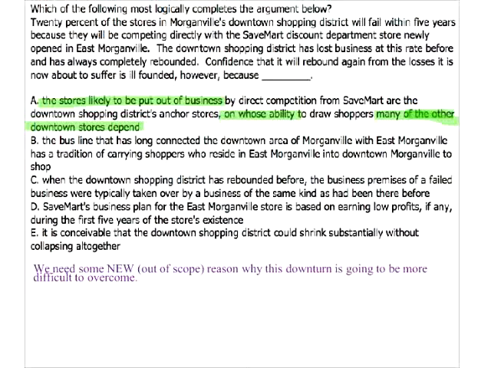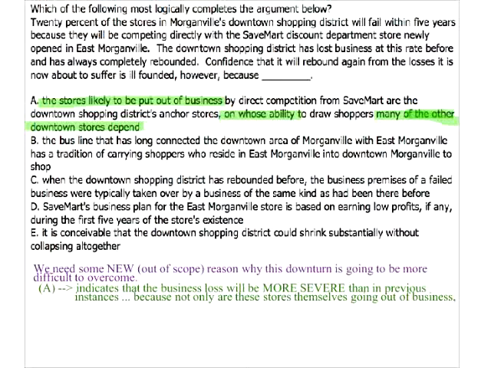So according to A, this indicates that the business loss will be more severe than in previous years, because not only are these stores themselves going out of business, but their closure will also reduce other stores' business.